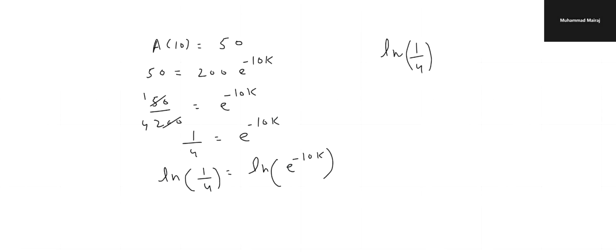And then we take the natural log on both sides. So ln of 1 divided by 4 is equal to ln of e power minus 10k. And this becomes natural log of 1 over 4 is equal to minus 10k times natural log of e, and natural log of e is equal to 1.